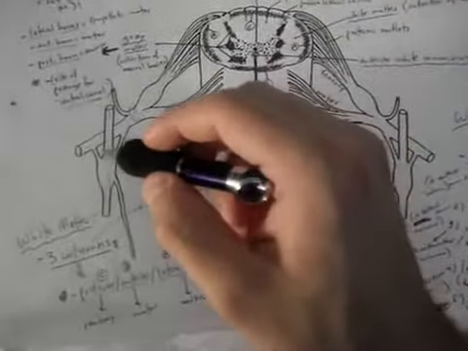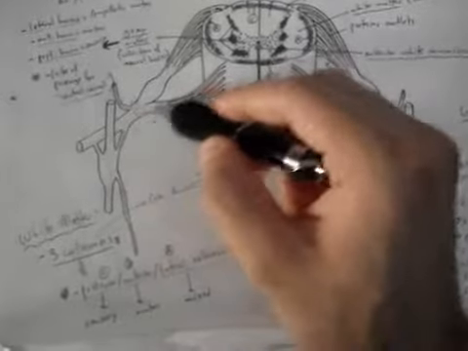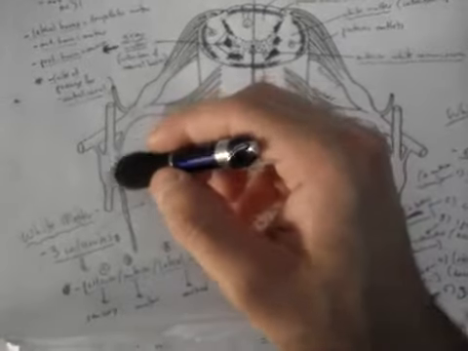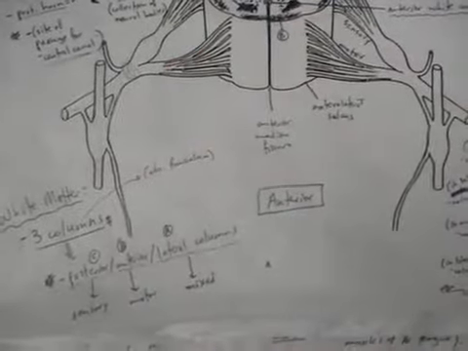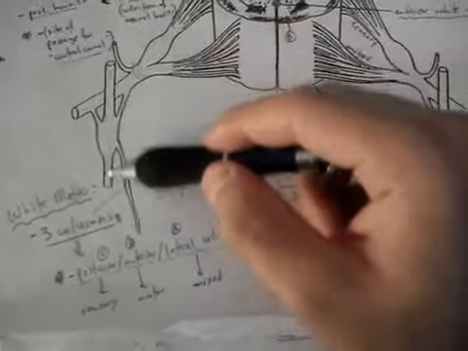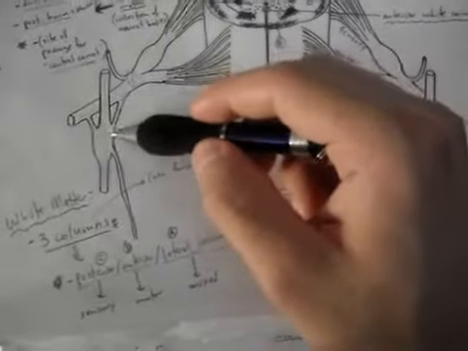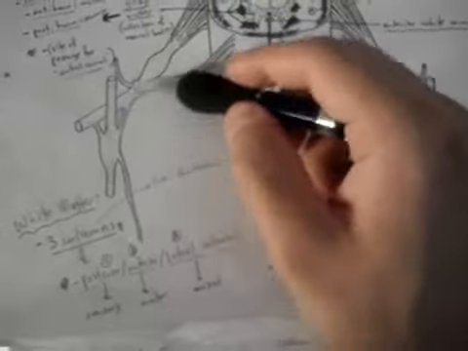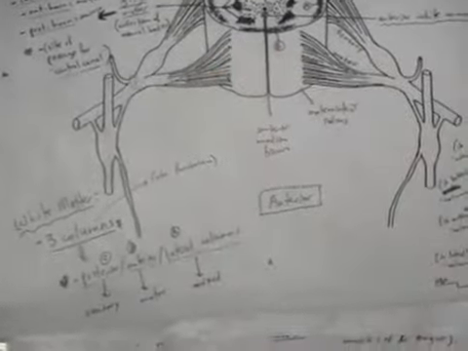Okay, and the two rami communicans connect the spinal nerve to a structure of the sympathetic trunk called the sympathetic ganglion. So you can see there's an expansion here. The sympathetic trunk has these expansions. Those are the sympathetic ganglia, and those ganglia connect to the spinal nerve via the gray and white rami communicans.